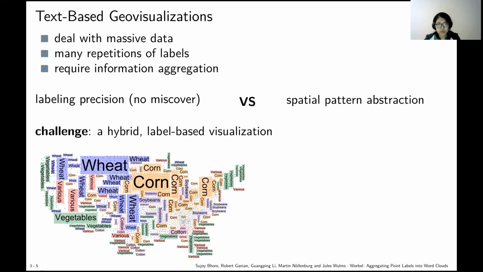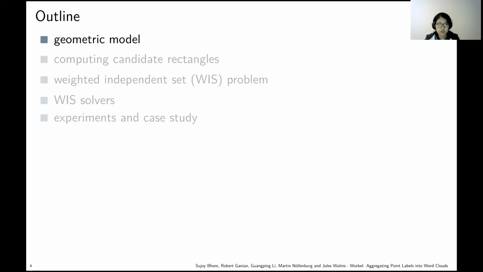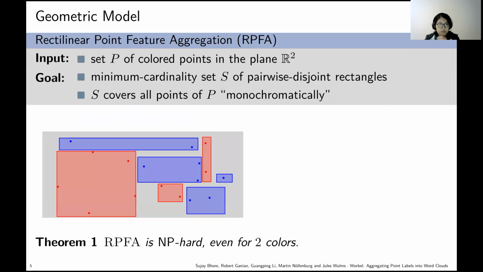So in this work, we propose a hybrid visualization combining the precise labeling and abstract word cloud style, and try to get a balanced trade-off between these two criteria. So we begin with this geometric abstract problem.